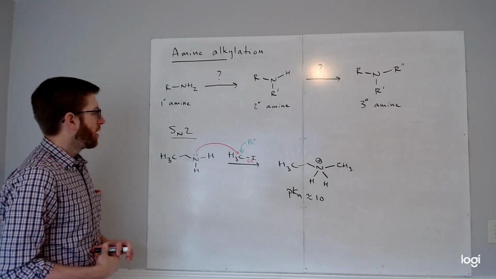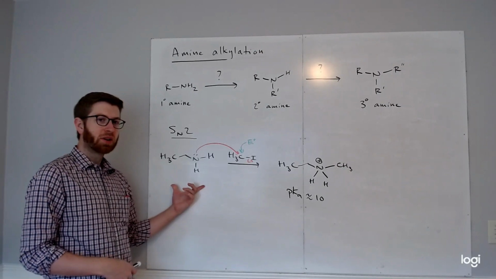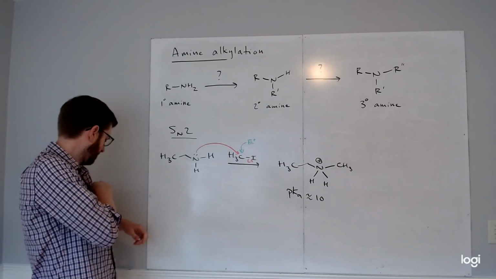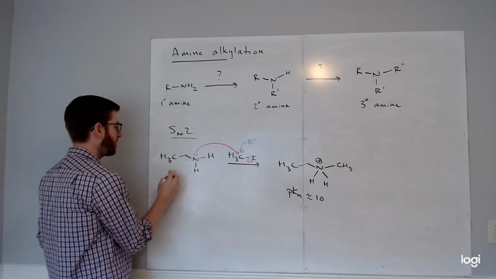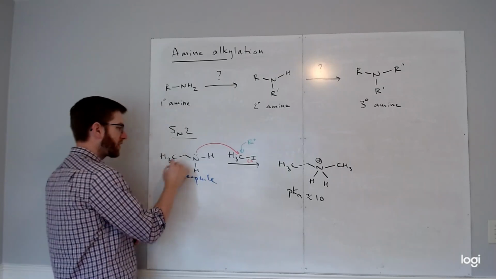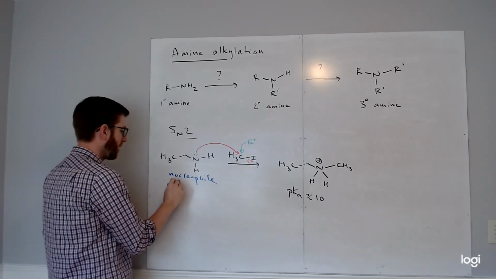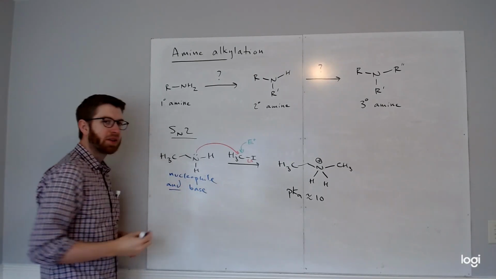Here's the problem. This compound here is a nucleophile, but it's also a base. And that means that as the reaction goes, a few molecules initially of this compound act as a nucleophile, but there's a lot left that haven't done anything yet.